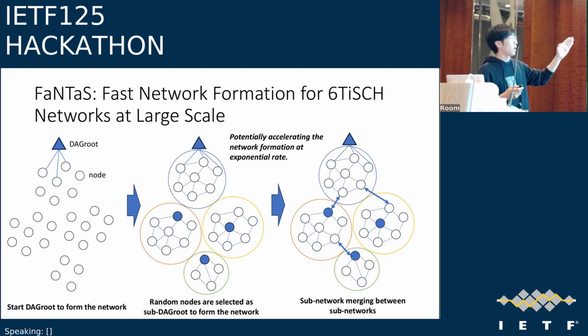Some nodes might not join the main network, and then random nodes are selected to become sub-DAG roots to form subnetworks. After that, they merge with each other to form a unified network. Potentially, this method can accelerate network formation at an exponential rate.